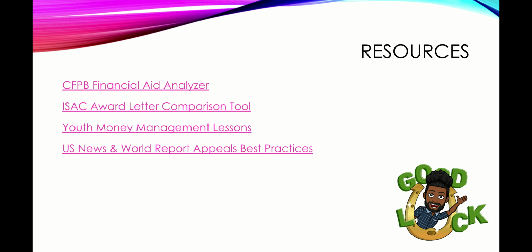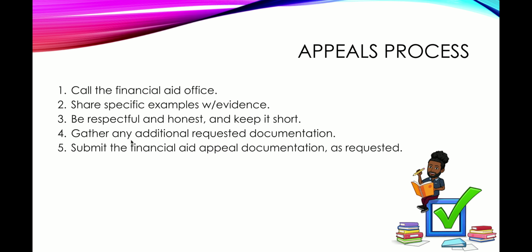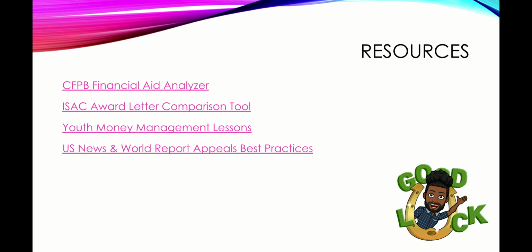Really helpful to note. And then last, we have the U.S. News and World Report appeals best practices. A lot of different places will tell you similar information when it comes to the best practices related to financial aid appeals. U.S. News and World Report is just one that takes many of these ideas and expounds on them in greater detail.